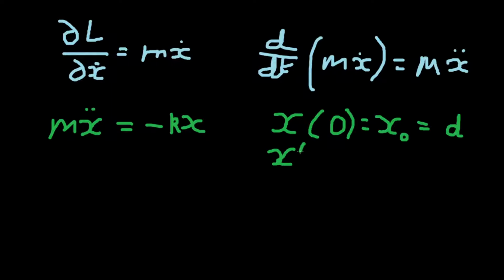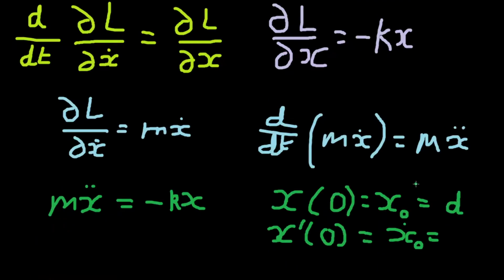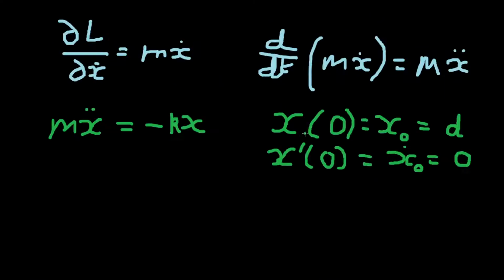And our assumptions indicate that x prime of 0 is x dot naught, which is 0, because its initial velocity is just 0. Okay, so we've got our initial conditions set up.